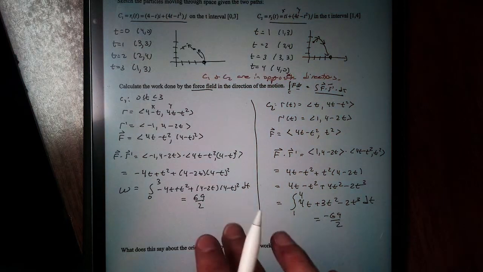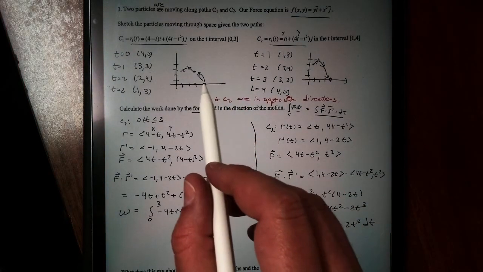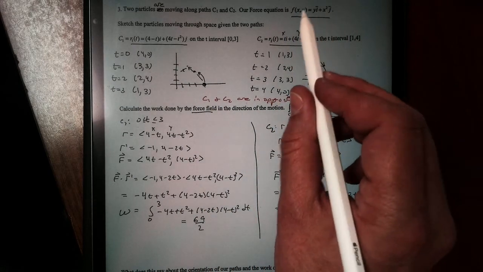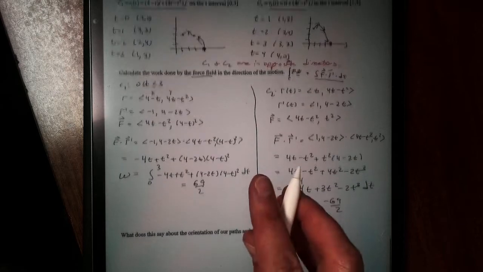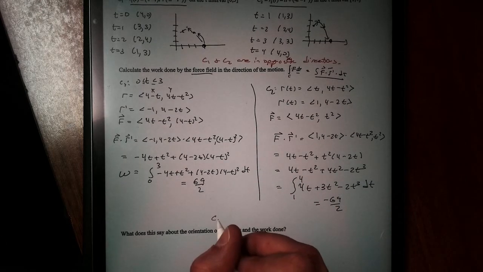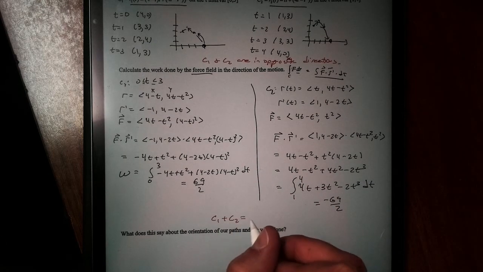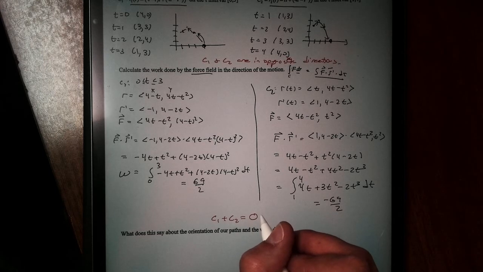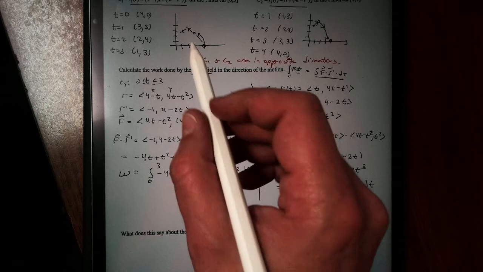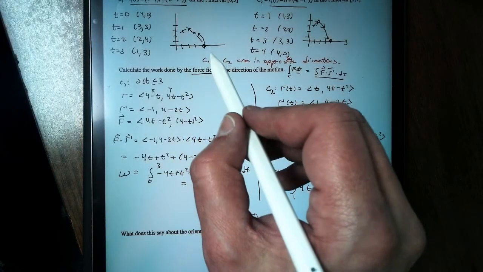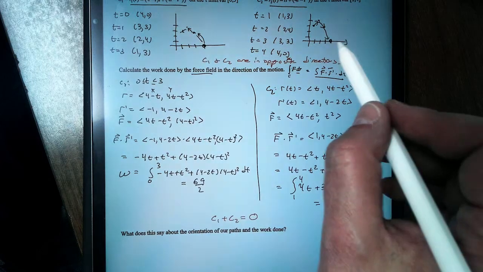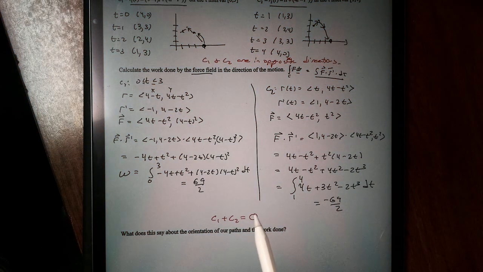Interesting. Take a look. I had opposite paths, but notice they have the same exact force. If I were to combine them, C1 plus C2, notice we get 0. We have a net force of 0, which we should expect, because going in the opposite direction should result in a 0 in the net force.